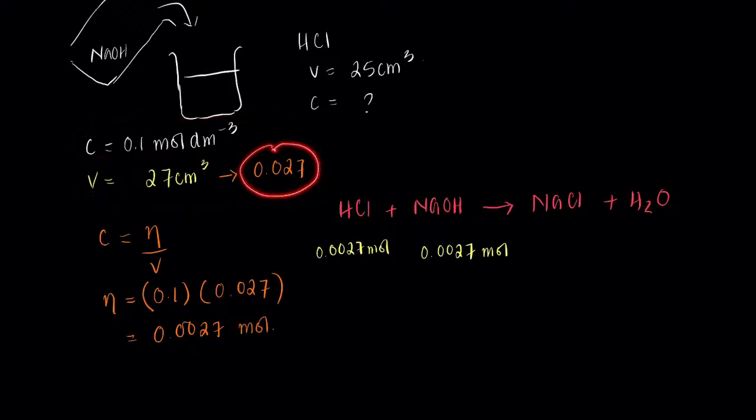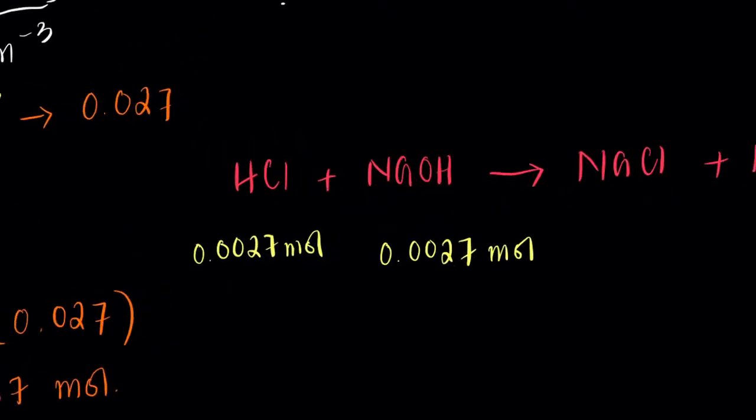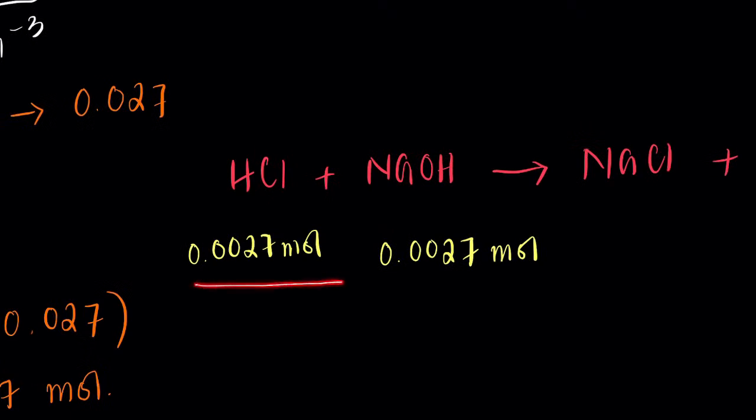So if this many moles of NaOH were added to turn it pink, or have the phenolphthalein turn pink, that means in the original solution there were 0.0027 moles of HCl.